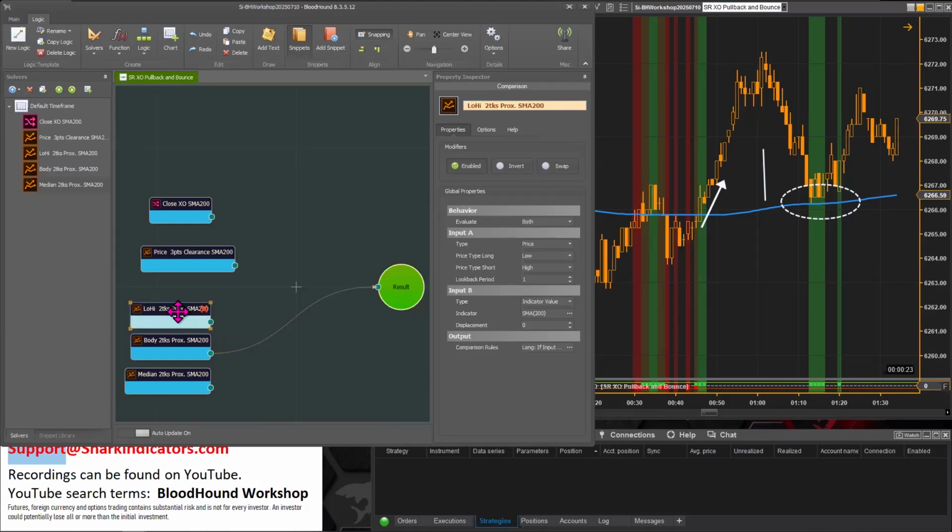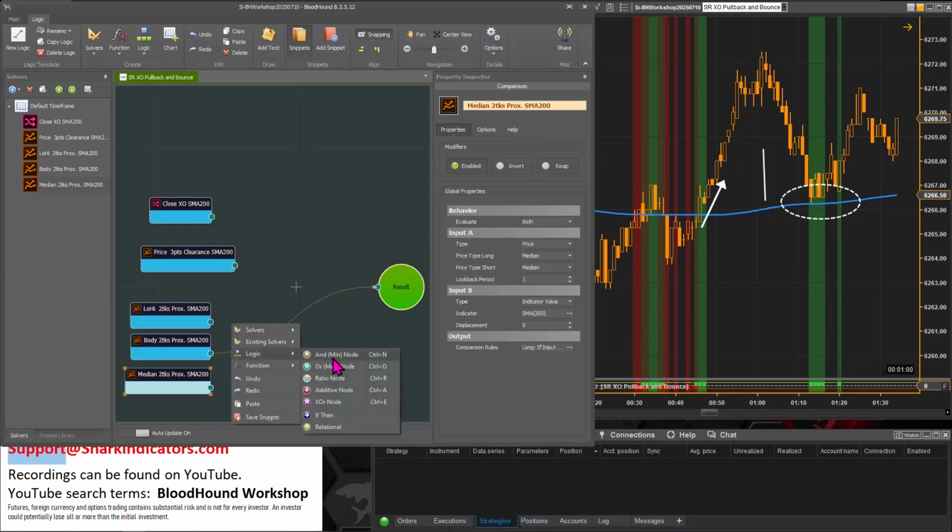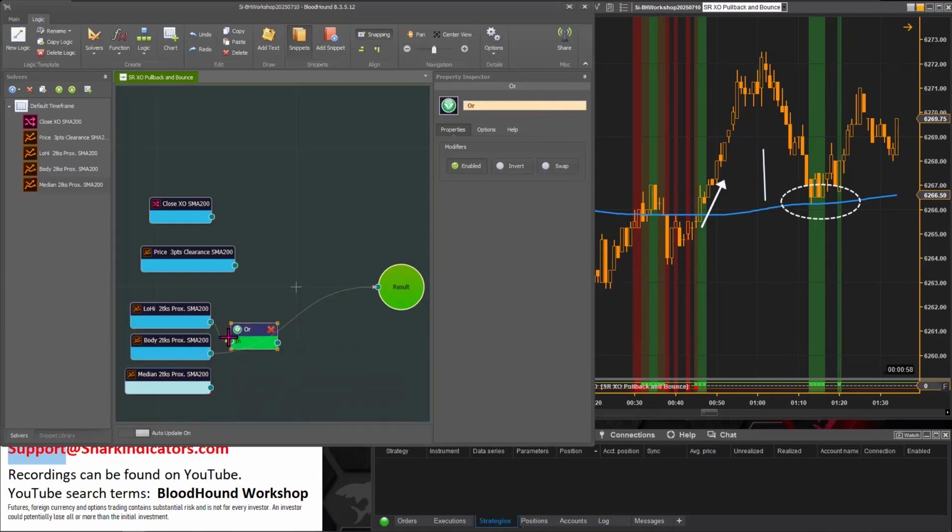All right, so we have 3 solvers here with the various different prices of each of the bars that might go into that 2-tick range, right? So any of these prices might do. And so next we need to combine all these together with an OR node, like so.